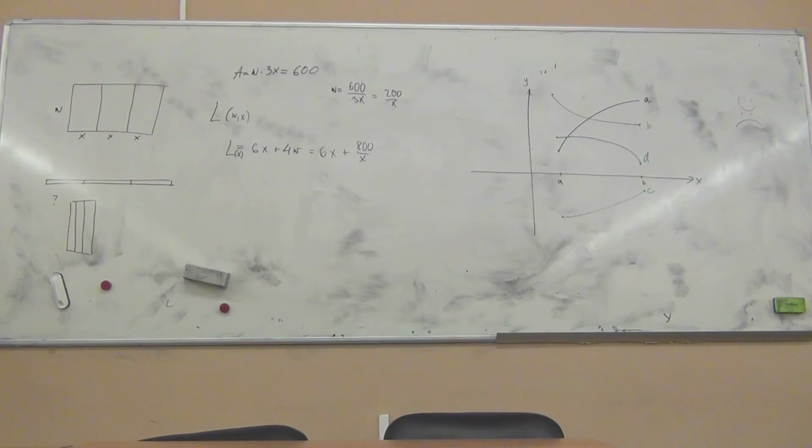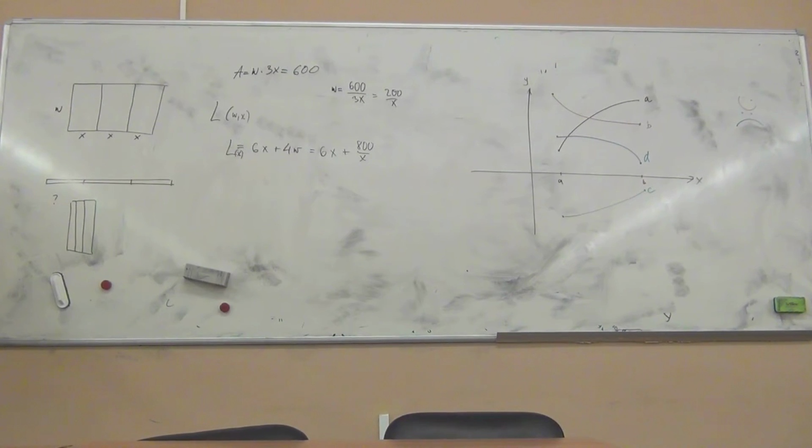So we have this function depending on how wide or how long I choose each section to be. Short, short, short, long, long, long. Depends on this only, because the width, the remaining walling, will obviously depend on the total area. So now I need to find the minimum for this function.